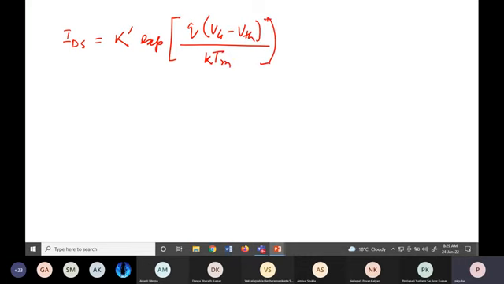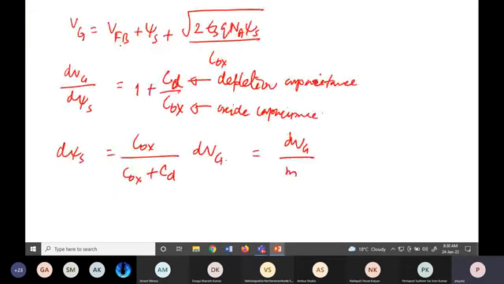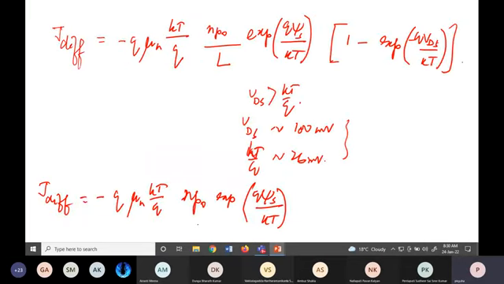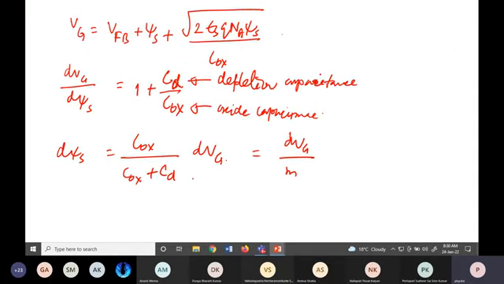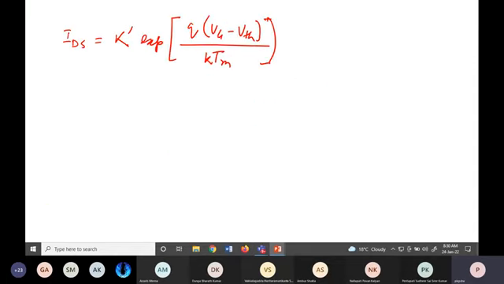So this is the drain current, and this K dash contains all the factors which are here. This K dash is constant, and you see this IDS is exponentially dependent on gate voltage. So we can take log on both sides.